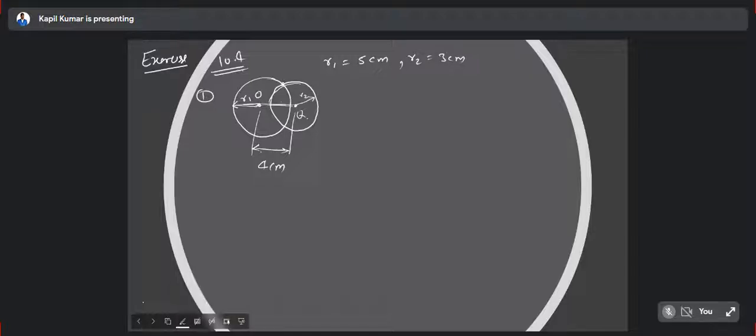There are two common points here. Let's say this is A and this is B. Just join A to B. So this is your common chord AB, and we need to find AB. Diagram is clear?